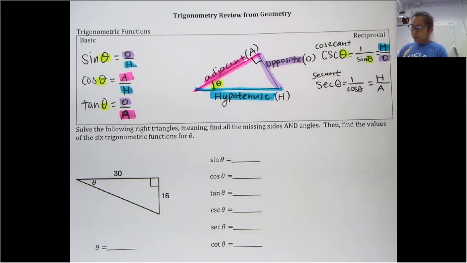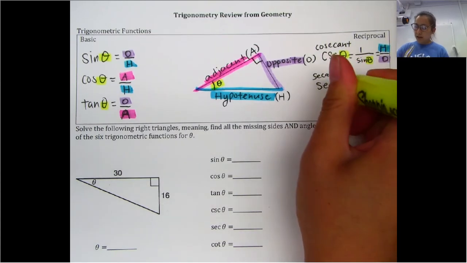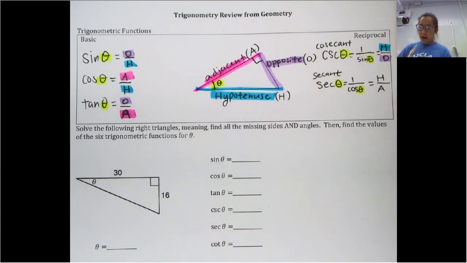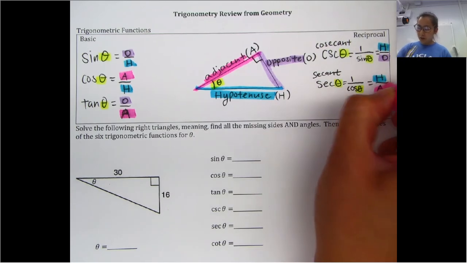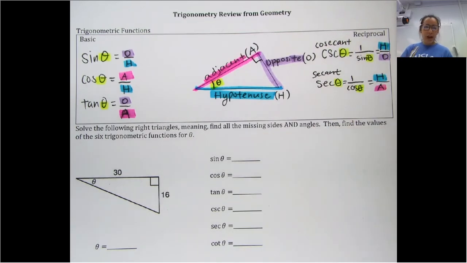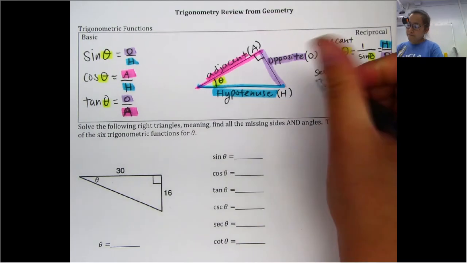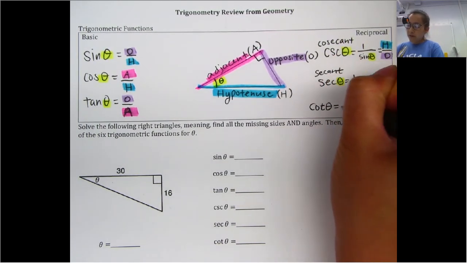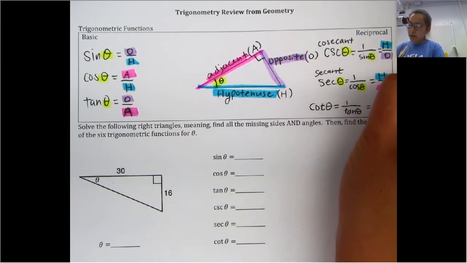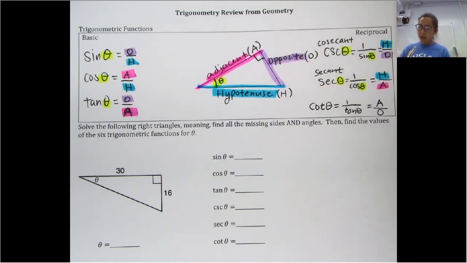Secant of theta is equal to 1 over cosine of theta, which is equivalent to hypotenuse over adjacent, the flip of cosine. I'm sure you can guess what the last one is going to be: cotangent. Cotangent of theta equals 1 over tangent of theta, which equals adjacent over opposite. So the flip of tangent, of course.